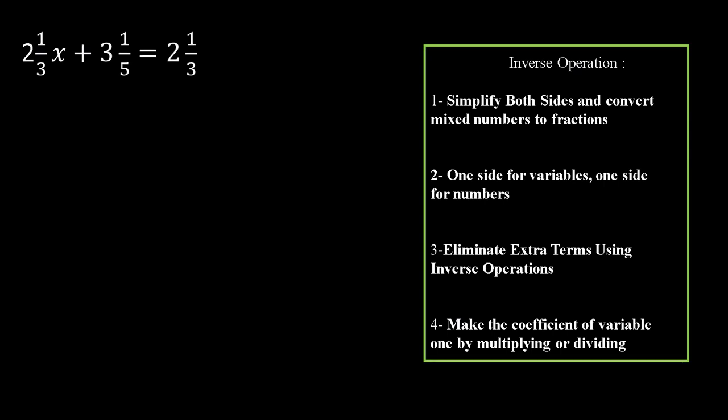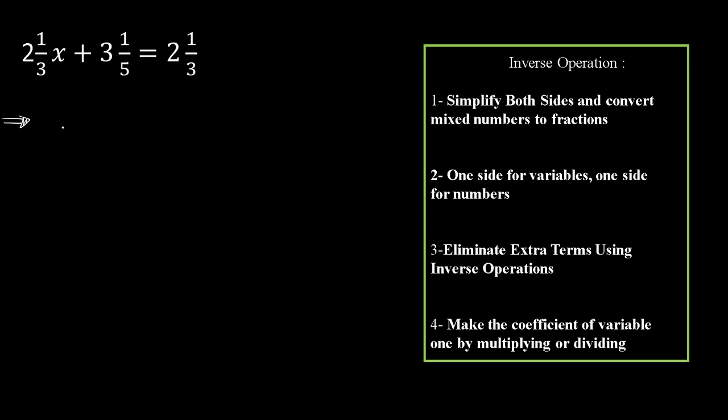Next question. Do I need to simplify both sides? Yes. Why? Because I have mixed numbers, as you can see. So let's do it to each of them. As I told you, the whole number must be multiplied by the denominator, and then must be added to the numerator.